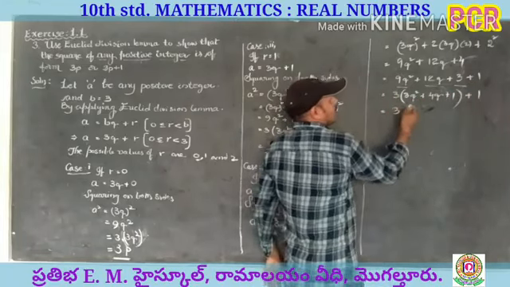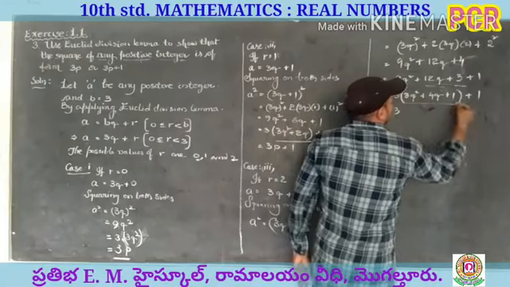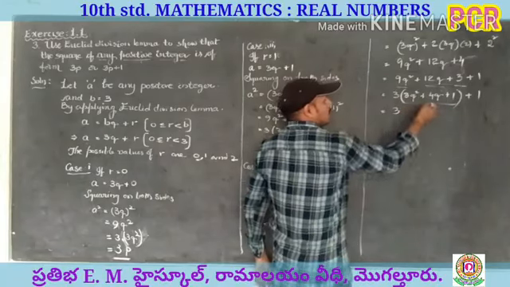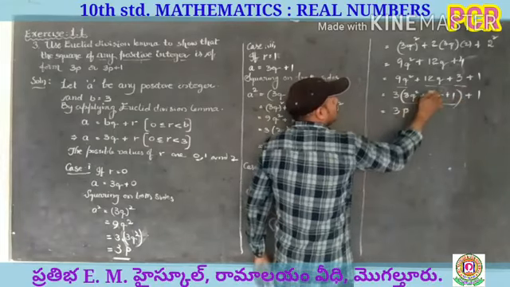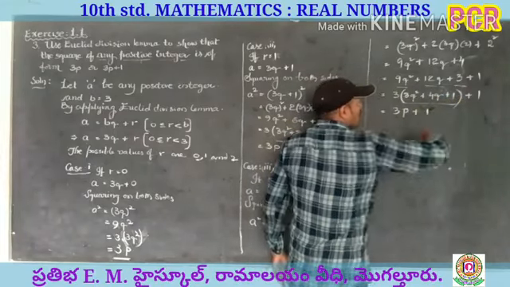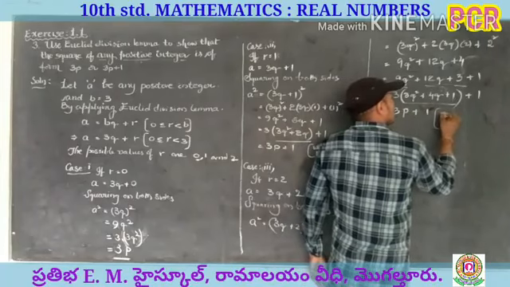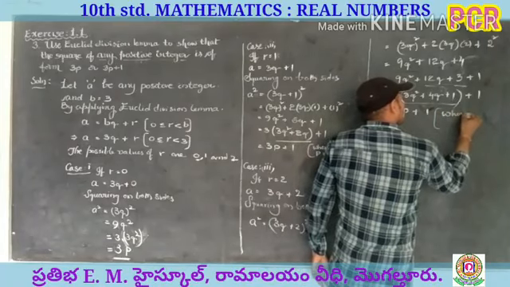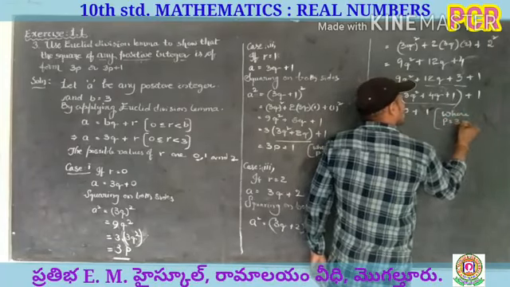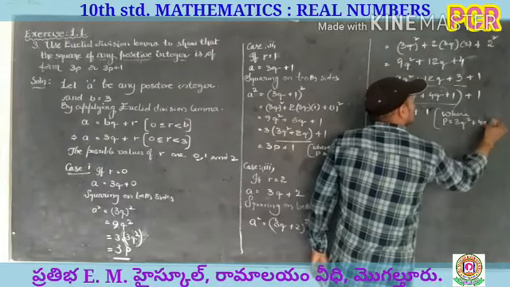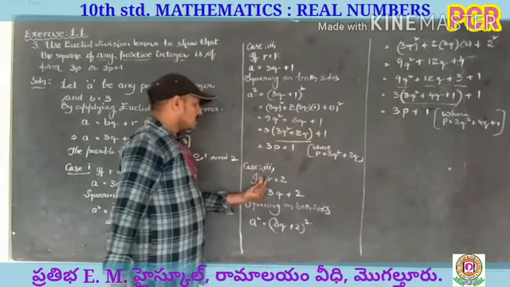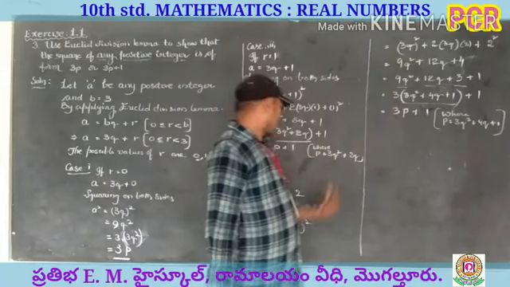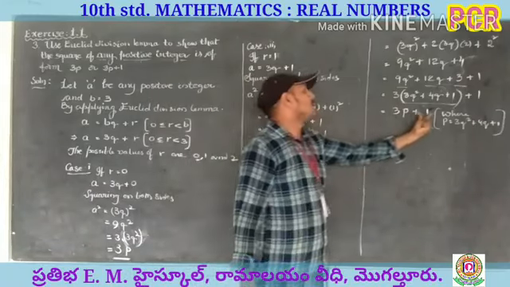Here I can write any variable, 3 into p in this case plus 1, where p is equal to 3q square plus 4q plus 1. That is, in the third case, if r is equal to 2, we can write a square as 3p plus 1.